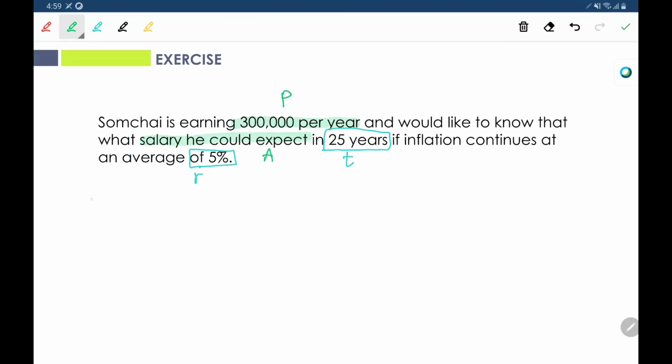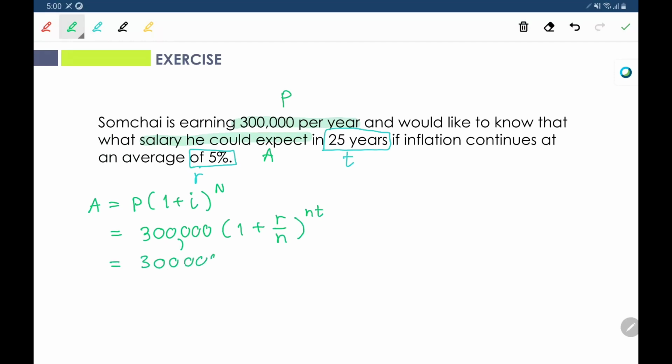Then, even though this is inflation, you can use the same as the compounded interest. So A is P times 1 plus i to the power of n. P is 300,000. 1 plus i. i is r over n to the power of nt. And you replace r by 0.05. n: how many times to count the interest? Because this is inflation, n is equal to 1.